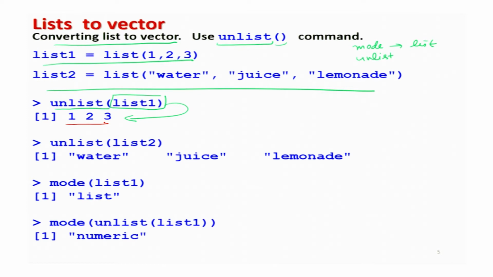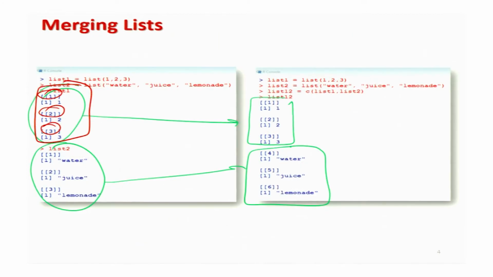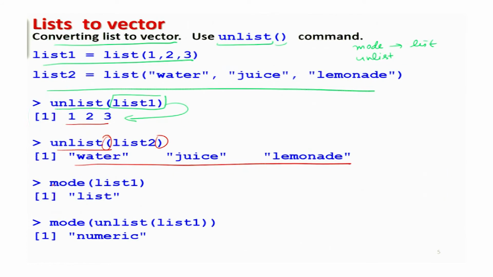And similarly, if you unlist list 2, simply write unlist inside the parenthesis and write down the name of list 2. You can see here this is coming out simply as a vector. And if you verify it, you can see that in the earlier one, this list 2 was looking like this. It has the addresses in the format of double square brackets.